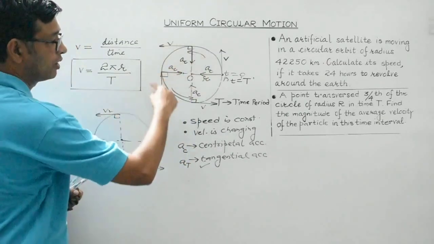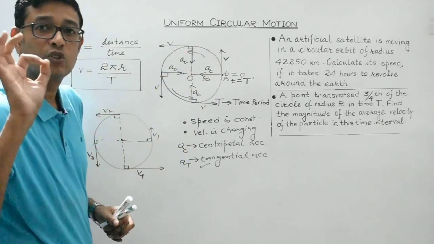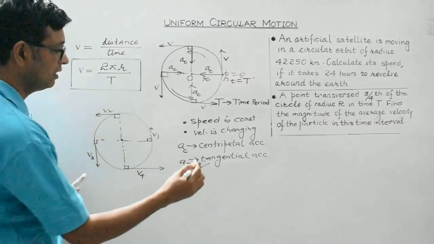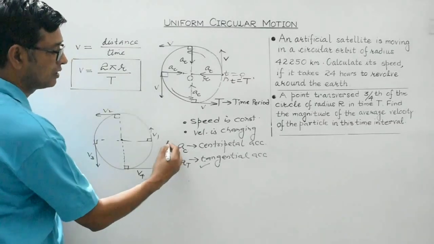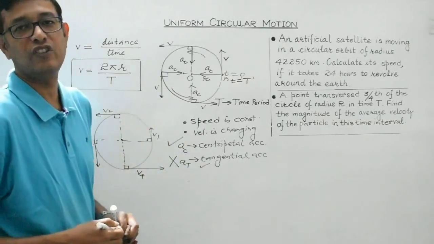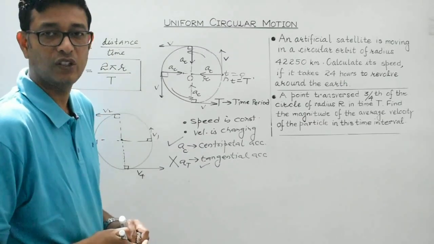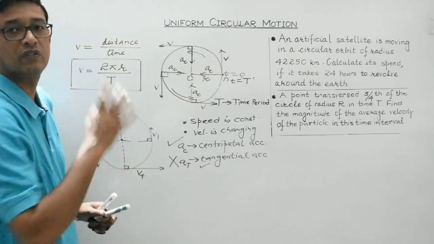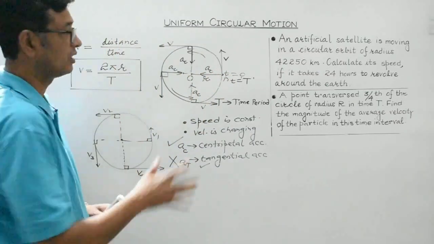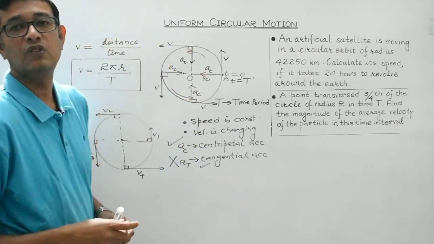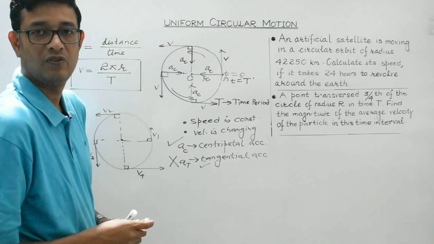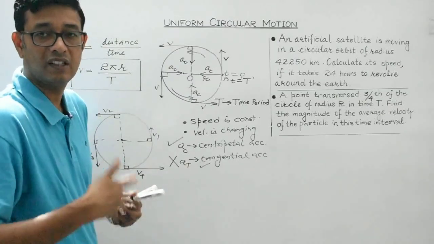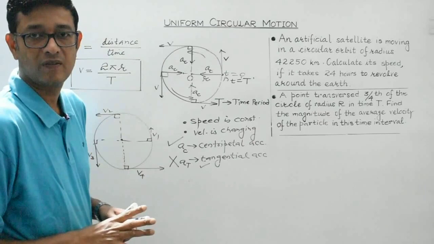If a body is moving along a circular path with constant speed, then tangential acceleration is not present, only centripetal acceleration is present. Right students? And it always acts along the radius towards the center of the circular path. So it is the case of uniform circular motion. Right? Which is obviously an example of an accelerated motion.